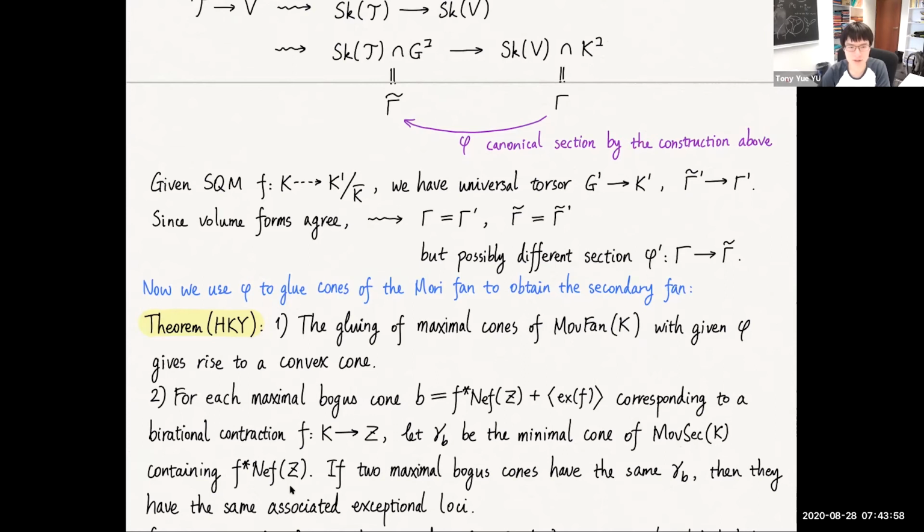This pullback is just the intersection between the bogus cone and the moving cone. If two maximal bogus cones have the same gamma b, then we show that they have the same associated exceptional loci.